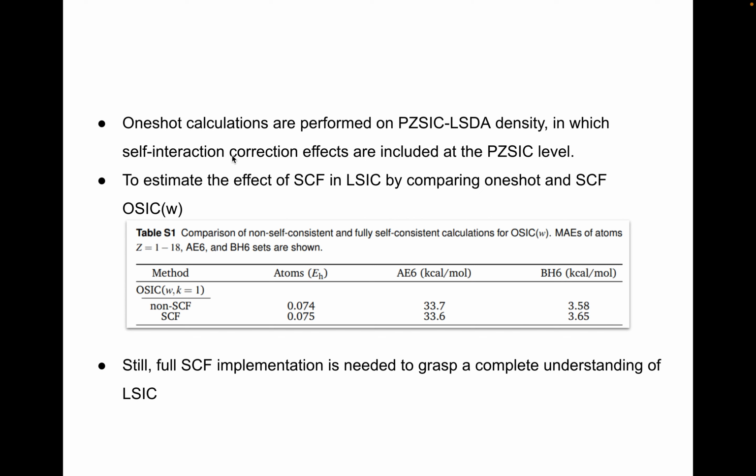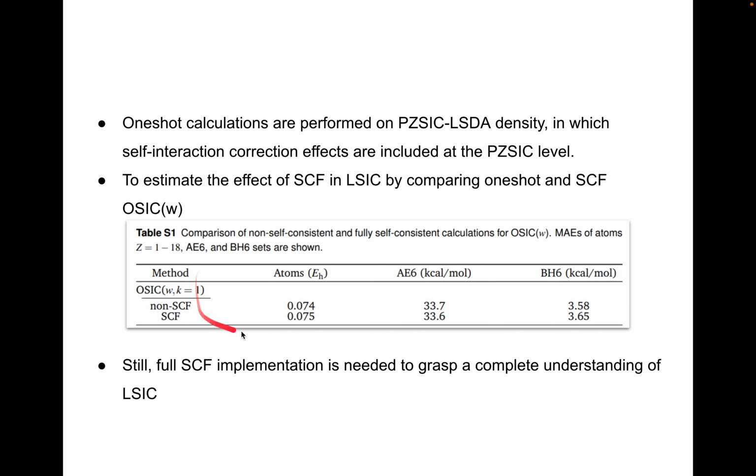The second argument we made was we can roughly estimate the effect of the self-consistency for LSIC by comparing the full SCF calculation and the non-SCF calculation for the orbital scaling by the Vydrov-Scuseria approach. Because early on, we had the full SCF implementation for the orbital scaling ready in the FLOSIC code.